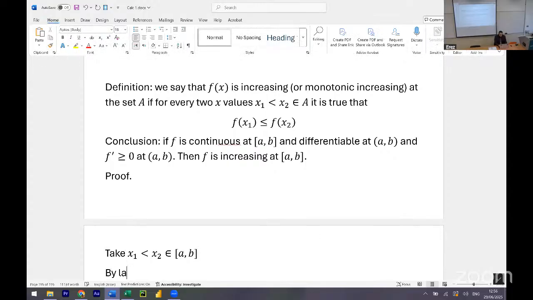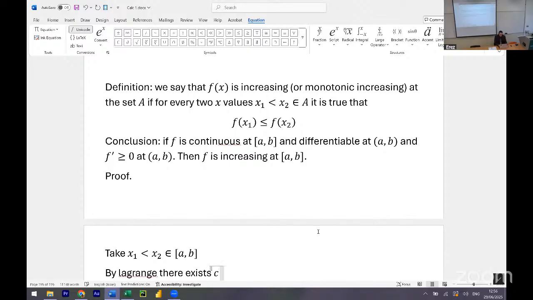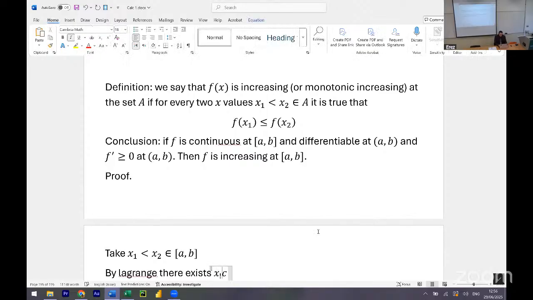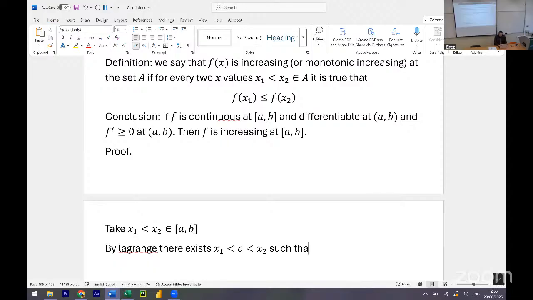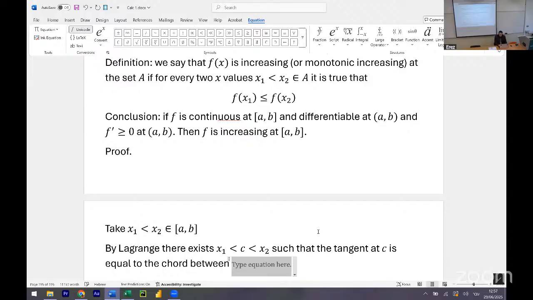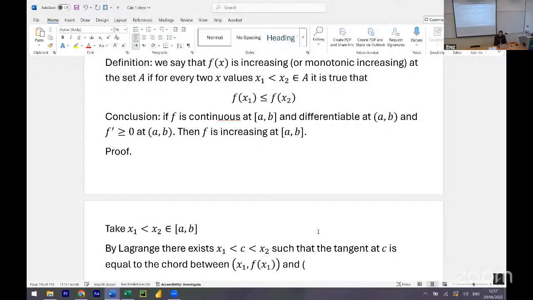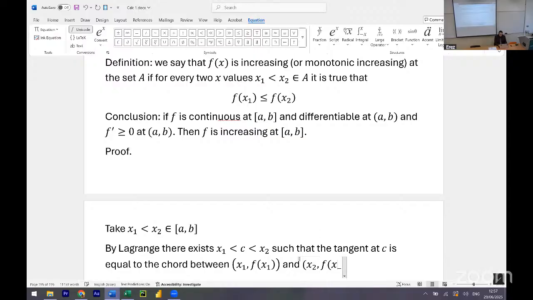By Lagrange, there exists a point C between x1 and x2 such that the tangent at C is equal to the chord between (x1, f(x1)) and (x2, f(x2)). That's what Lagrange says.